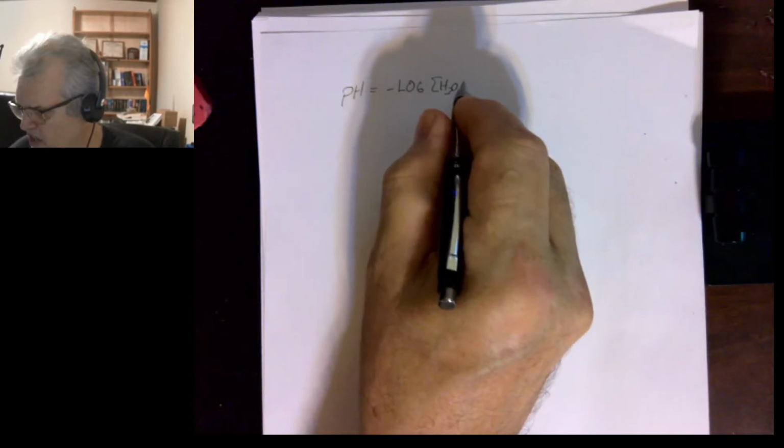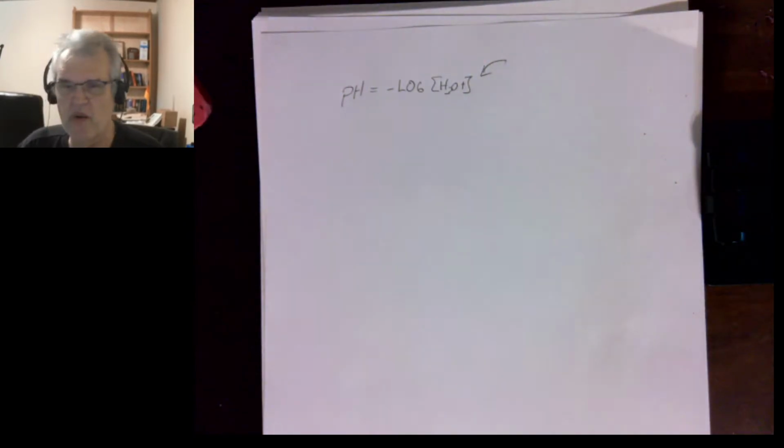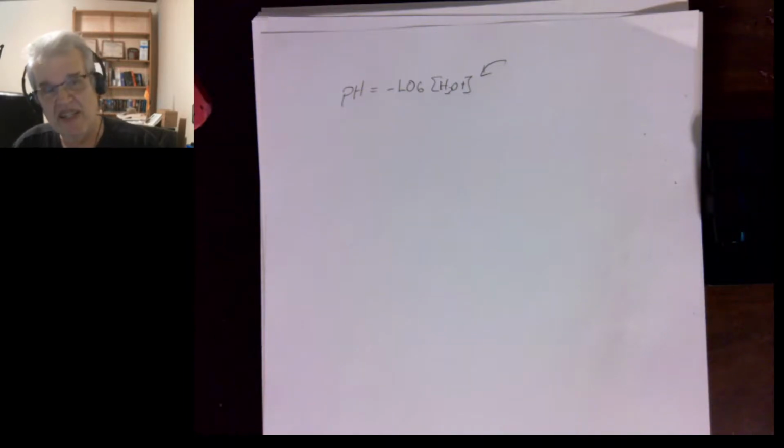Now, these brackets, if we haven't talked about that before, are what are known as species concentration. That is, it is the concentration of that species in the solution. That's not the same thing as an analytical concentration, and I'll explain that in a second because it's very, very important with acids and bases and also with solubility.